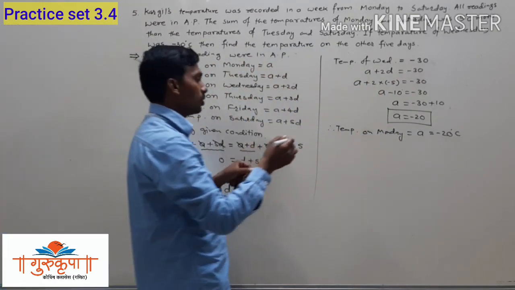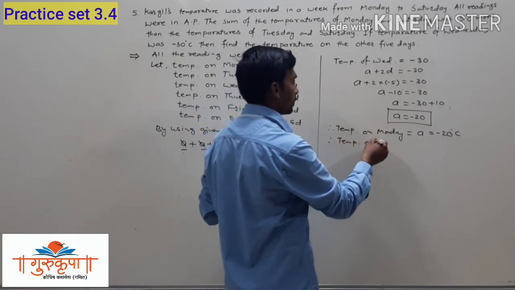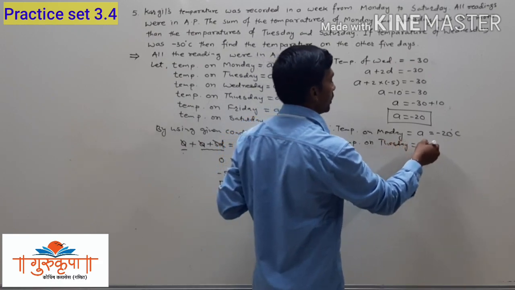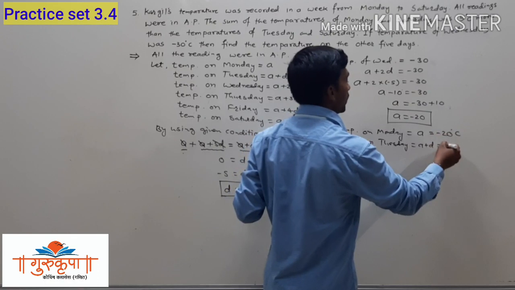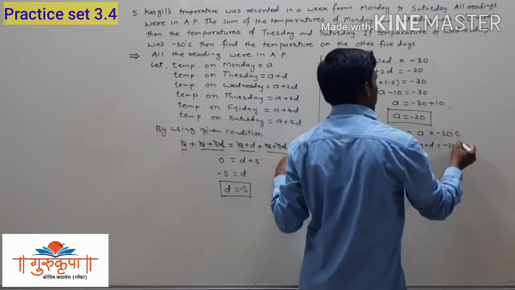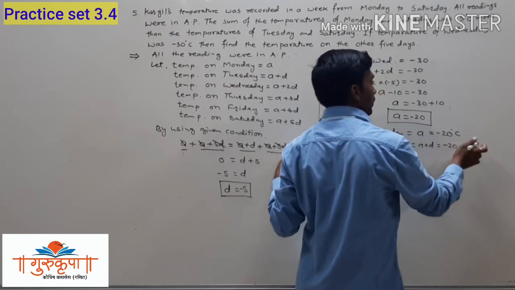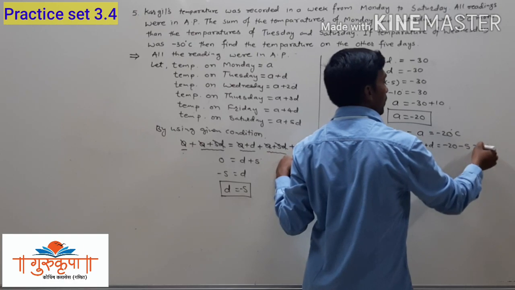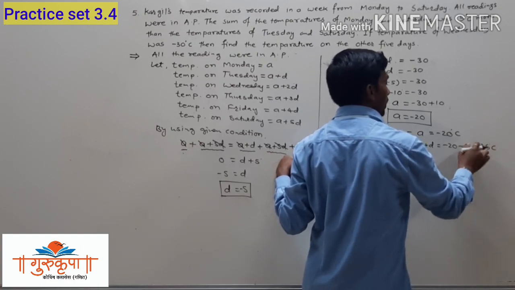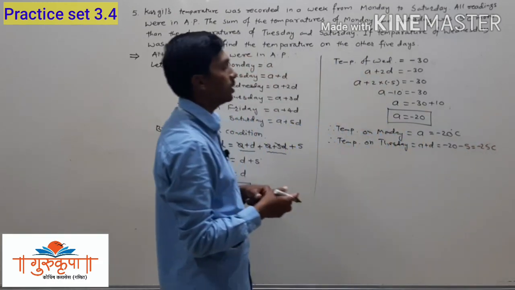Then temperature on Tuesday, that is considered as A plus D. Value of A is minus 20 plus value of D is minus 5. Minus 20 minus 5, that is minus 25 degrees Celsius. Minus 25 degrees Celsius, that is the temperature on Tuesday.